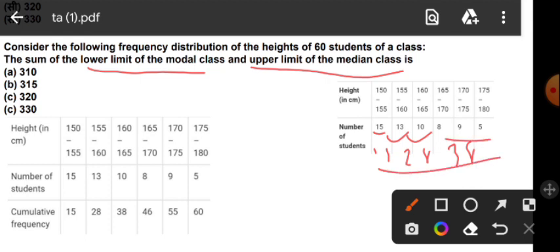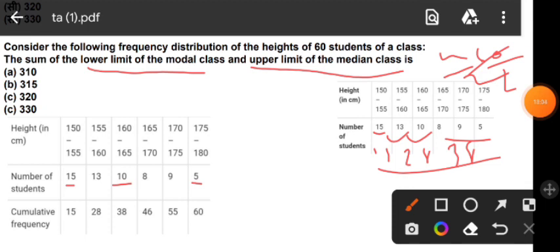So we know that the median is at n by 2, so here we are required to add the frequencies. 15 plus 5 is equal to 20, 20 plus 10 is equal to 30, right? 13 plus 9 is equal to 22, 22 plus 8 is equal to 30, 30 plus 30 means 60, and when we divide 60 by 2, it will come to 30.